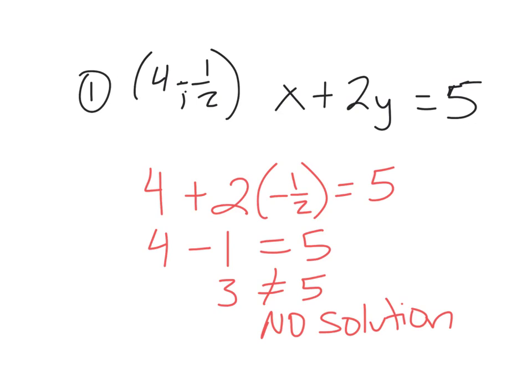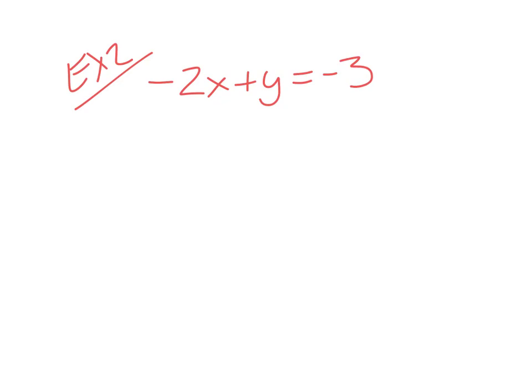All right, so now let's practice graphing. Example 2. We have the equation negative 2x plus y equals negative 3. In order to graph this, what do I need to do? Make a table, but first I need to solve this equation for y.